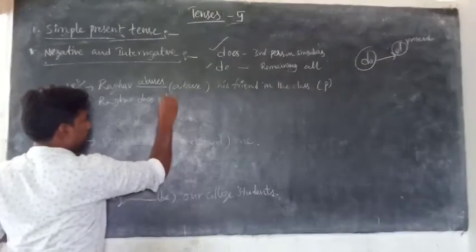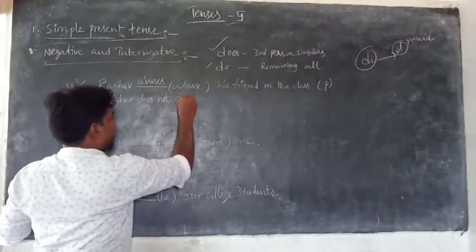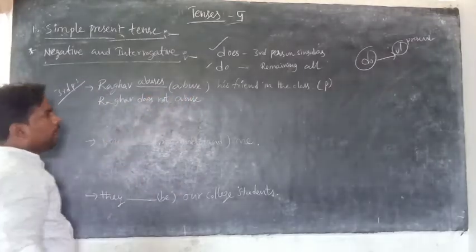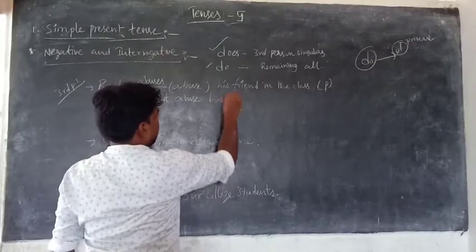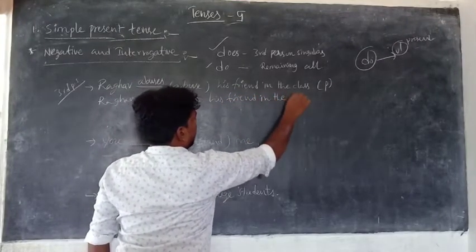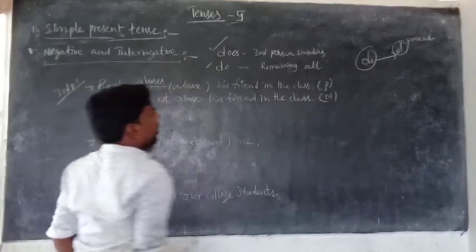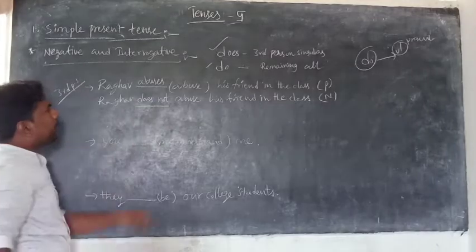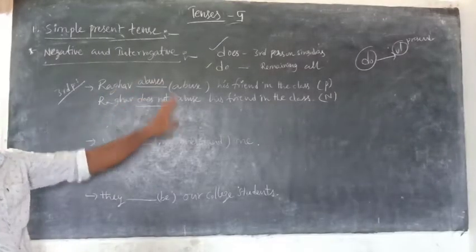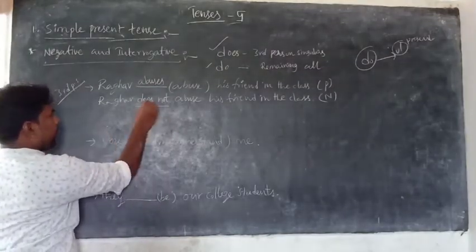We have to use the negative form after the be form, then plain V1, don't use s or es: Raghav does not abuse his friend in the class. It is negative. The difference between positive and negative is that we use the negative form along with the suitable be form.